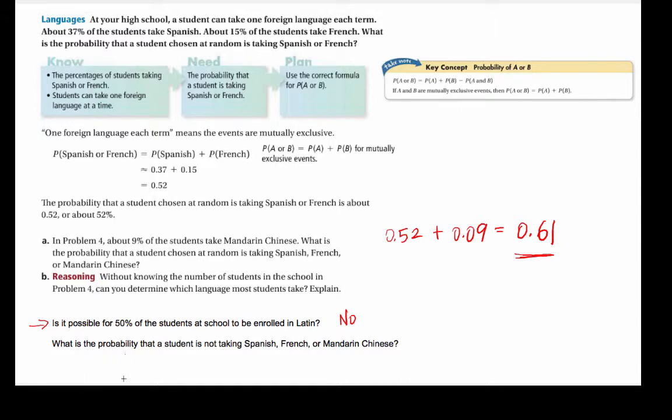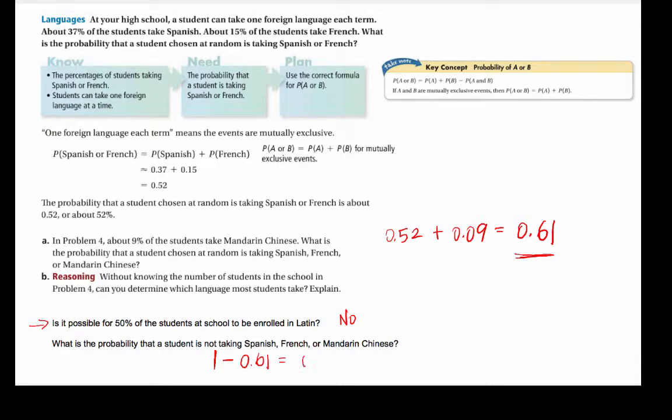What is the probability that a student is not taking Spanish, French, or Mandarin Chinese? We talked about sets in previous math classes, and this is what's called the complement of a set. Think of these three as a set. If we know the probability of these three occurring, and we want to know the probability of not these three occurring, we take the number 1, which represents 100%, and we just subtract the probability of these things happening, which we know is 0.61.